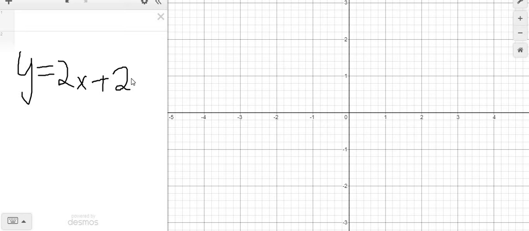This y-intercept is actually a point, so there's a point in this linear equation. The point is (0, 2). As you can see, this is the y-intercept because the 2 is the y and the x is 0. So we go up here and plot 2 right here. That's one of the points we can figure out.